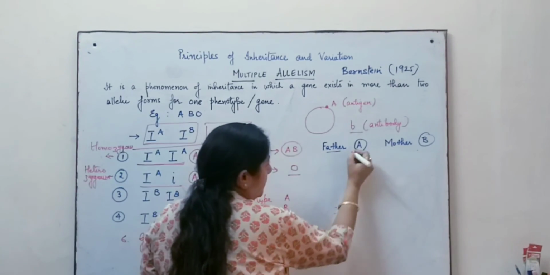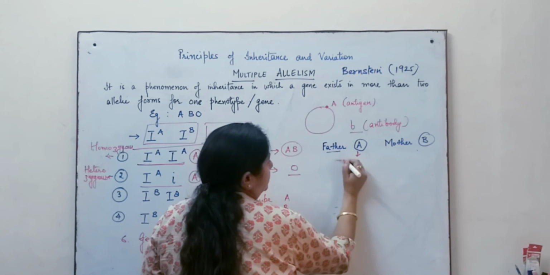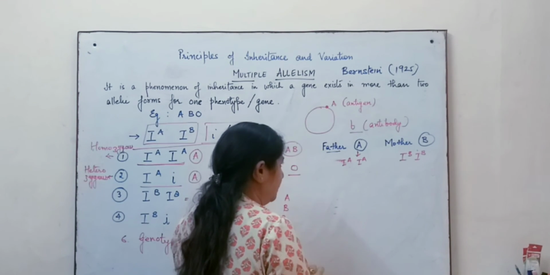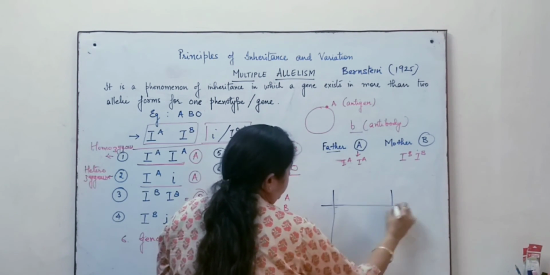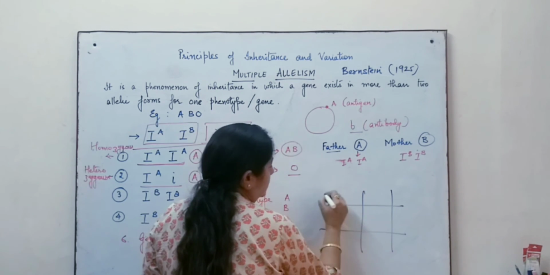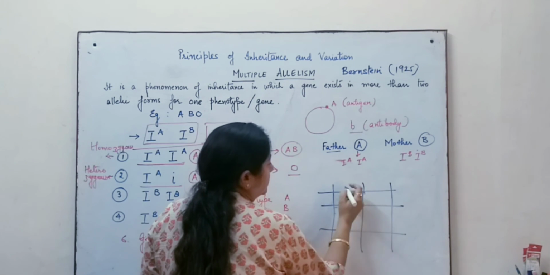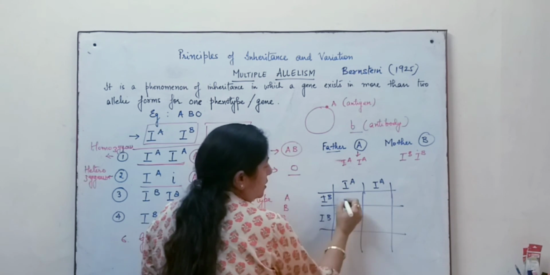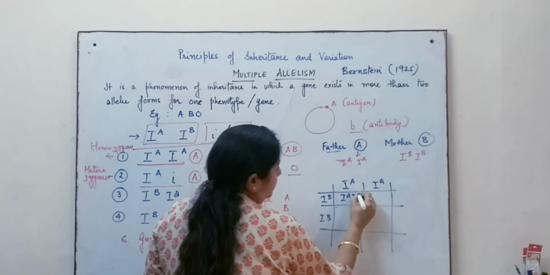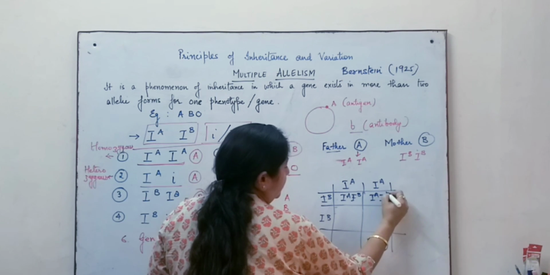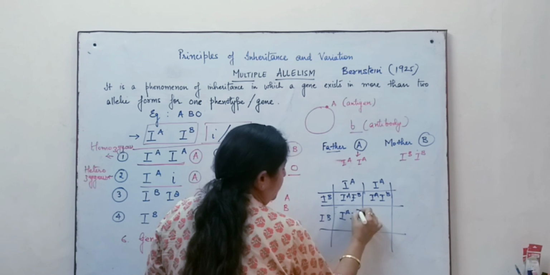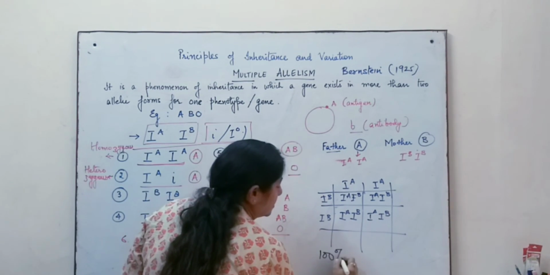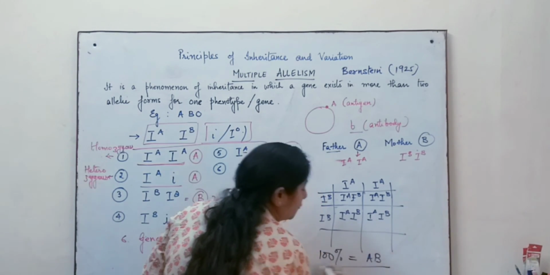Now let us talk about a condition in which the allelic pair is homozygous and it is clearly mentioned. The father is IA and IA, and the mother is IB and IB. The father will contribute IA and IA, and the mother will contribute IB and IB. So all four offspring will have a similar blood group, that means a 100% chance of getting blood group AB.